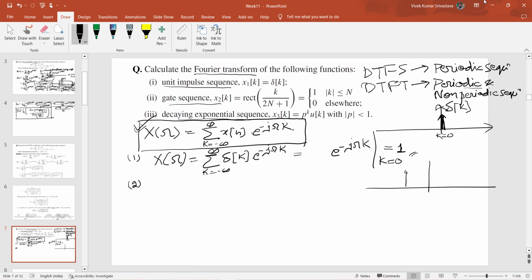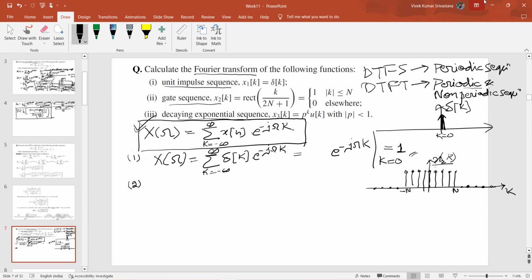Let us say this is x2 of k, which is defined from minus n to n and has 0 value for other values of k. So this is basically the plot of x2 of k.